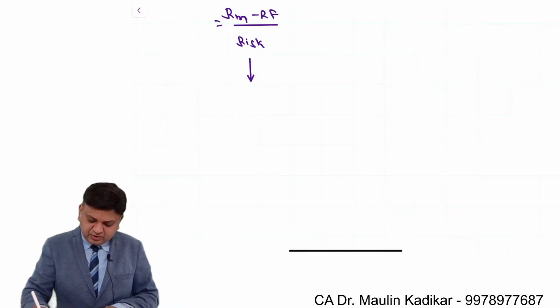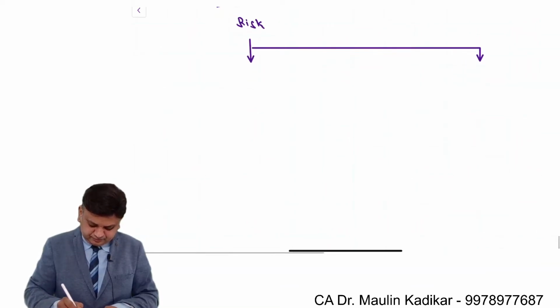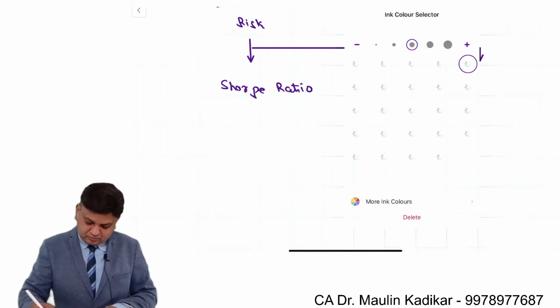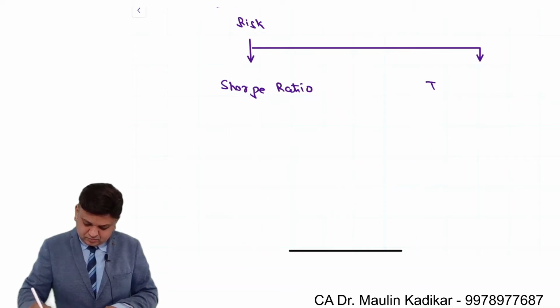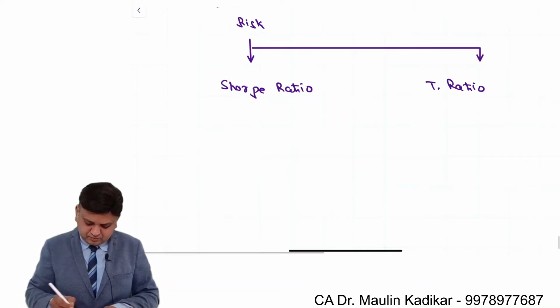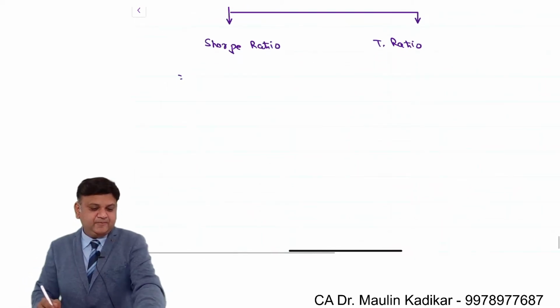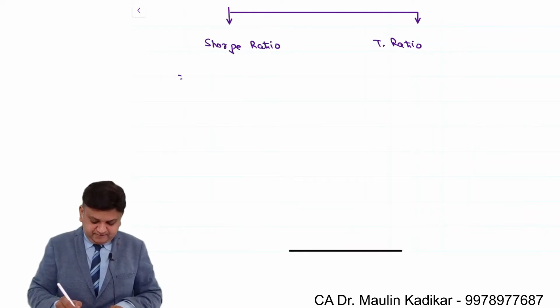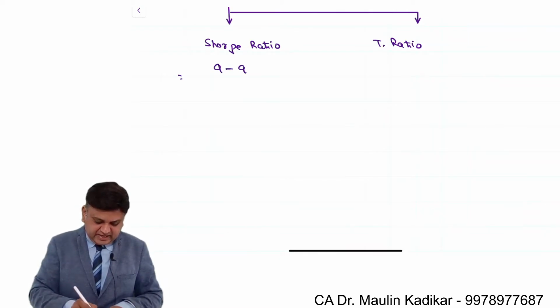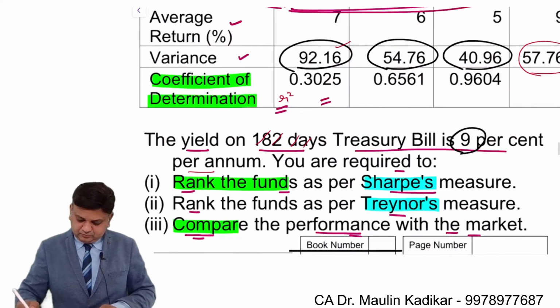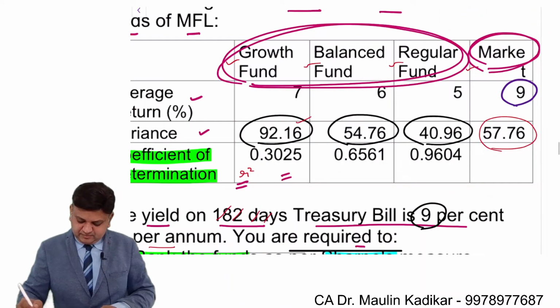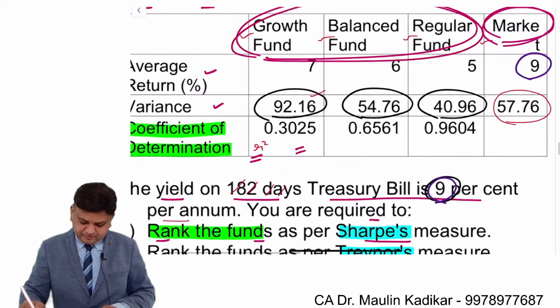So we are required to compute the Treynor's ratio and the Sharpe ratio. As far as the Sharpe ratio is concerned, RM is provided as 9, and RF is again 9.